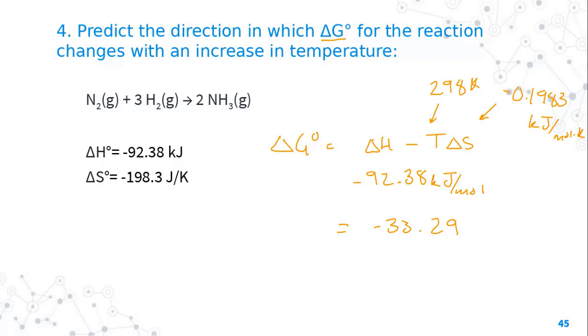All right, so we have a set point. How about we change the temperature to, let's make it be 500 Kelvin this time. We're just increasing it, so it doesn't matter how much exactly. Let's see what we would get. Okay, we have 6.77 kilojoules per mole.